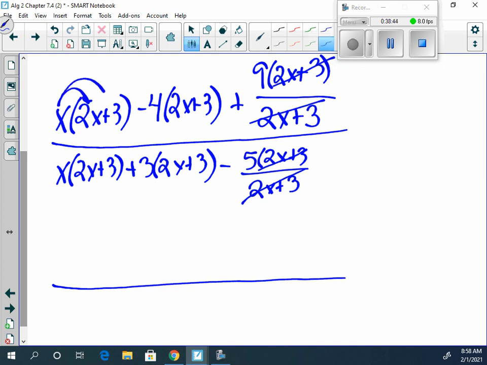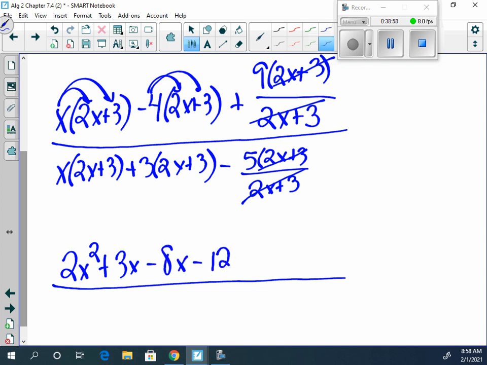So we have to multiply this by x. So 2x times x, well, that's going to be 2x squared, plus 8x minus 12 plus 9. So we just had to go through and distribute those two numbers, and we get this here.